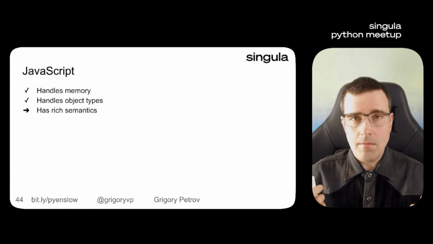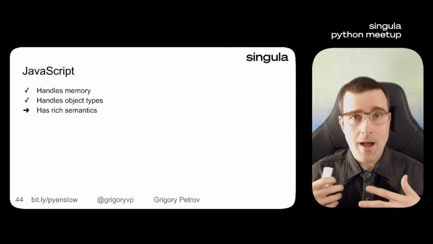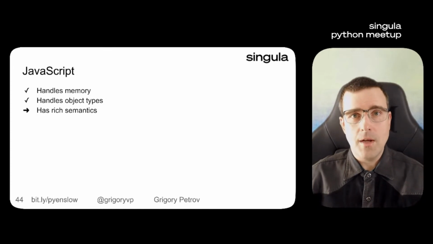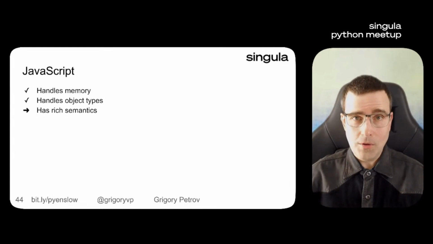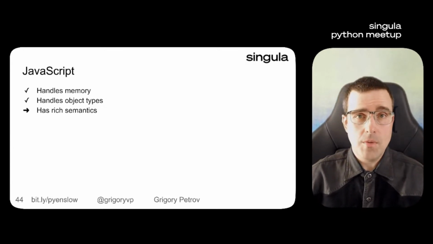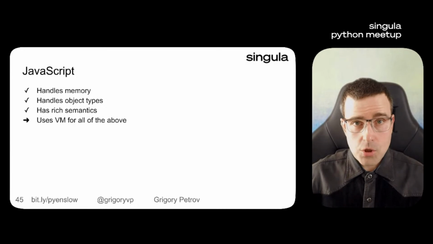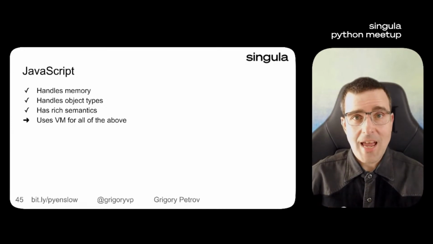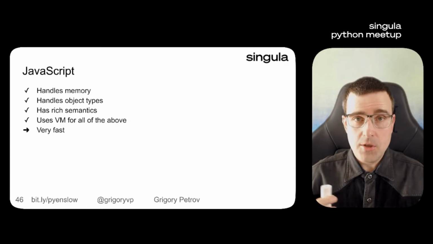It provides rich language semantics. Ask any JavaScript developer, is the language good? And they will answer, yes, it's an amazing programming language. It uses a virtual machine for all of these tasks, and it is very fast, comparable in speed to C++.